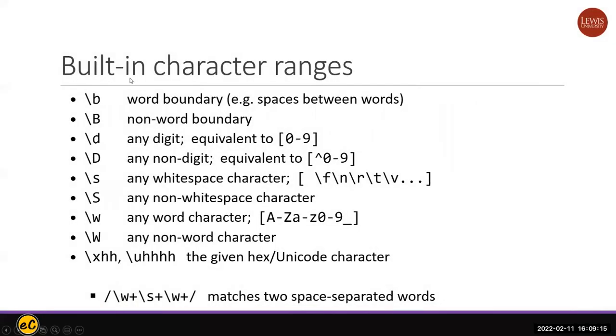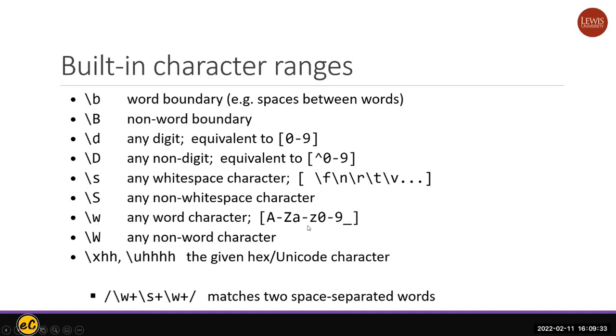Okay, so here we have the backslash characters in a character range. B for boundary. D for any digit, and capital D, non-digit, is equivalent to this. Backslash s means white space letters, and capital S is non-white space letters.